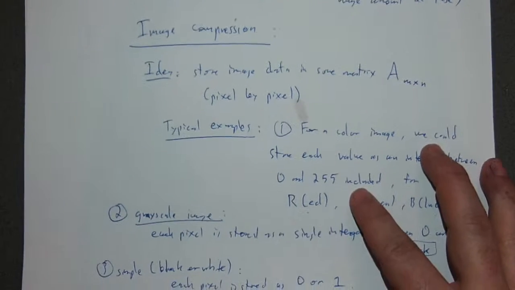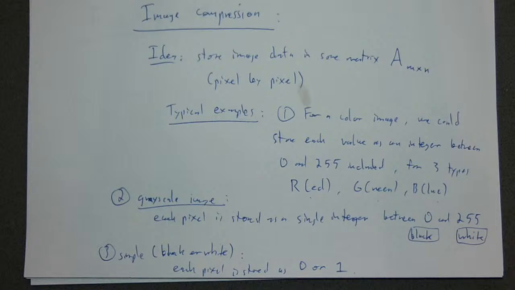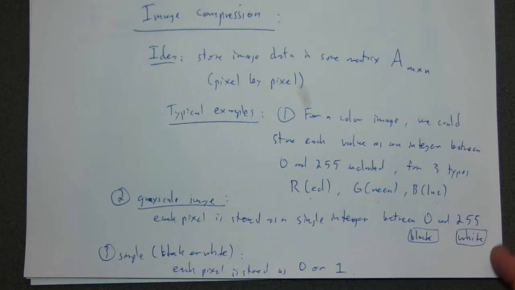And so this is giving you a couple of ways in which you could do this. You could do something really simple where each entry of the matrix is either a 0 or 1. So it's 0 if it's black and it's 1 if it's white. If you had a grayscale image, you could do a similar thing, except 0 is black, 255 is white, and in between is some shade of gray. Okay.